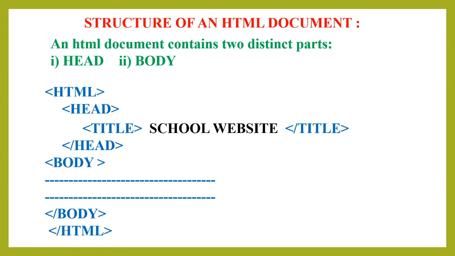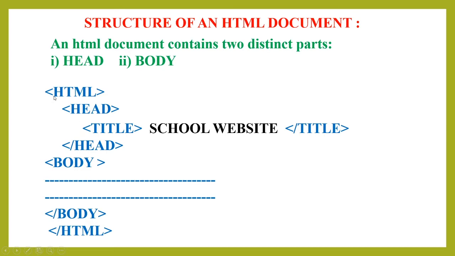Now let us come back to the structure of an HTML document. As I've already said, the HTML document consists of two distinct parts, that is head and body. Your head part is included in this area, and the title tag is included inside the head tag. First let us start with the HTML tag.